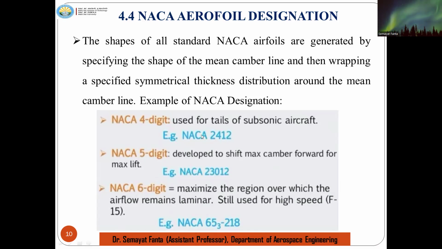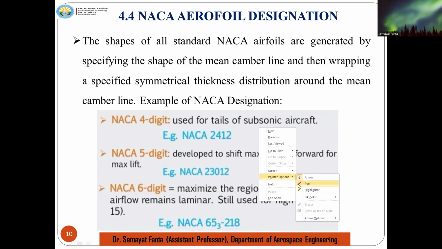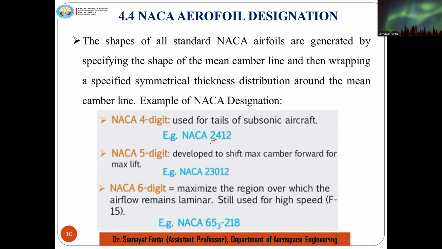For example, NACA 2412 is a 4-digit designation, and each of these digits has a meaning: the first digit, the second digit 4, and the last 2 digits. Here we also have the NACA 5-digit, where each digit may not be the same number, but the representation is the same.